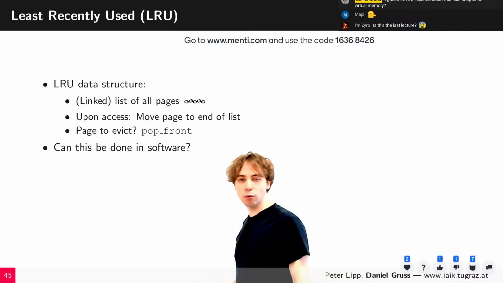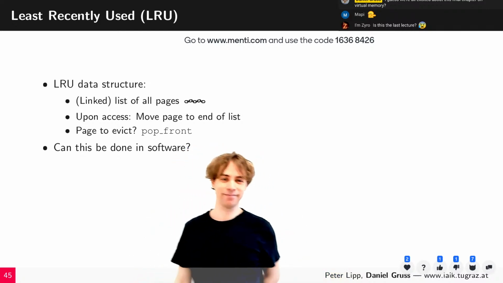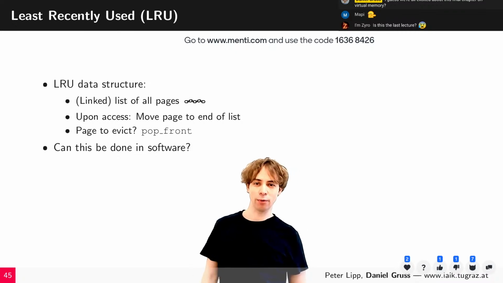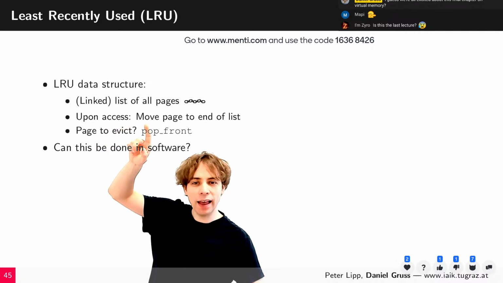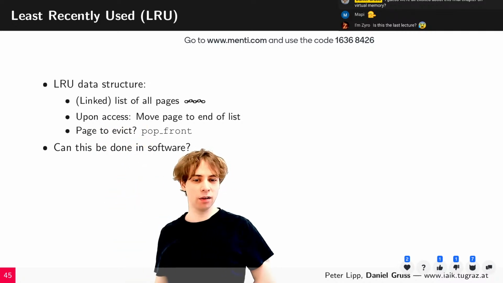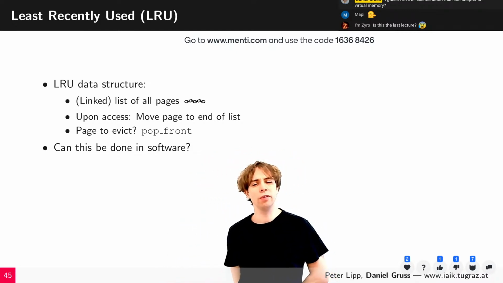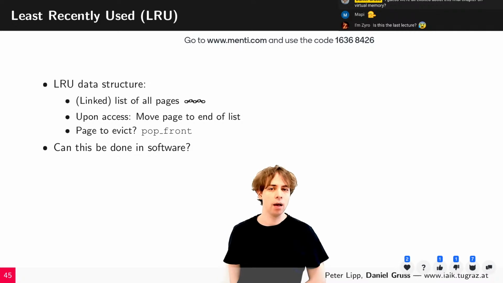Can this be done in software? Good question. In software, upon every access to a page, how can we, in software, do something in the operating system upon every access to a page?